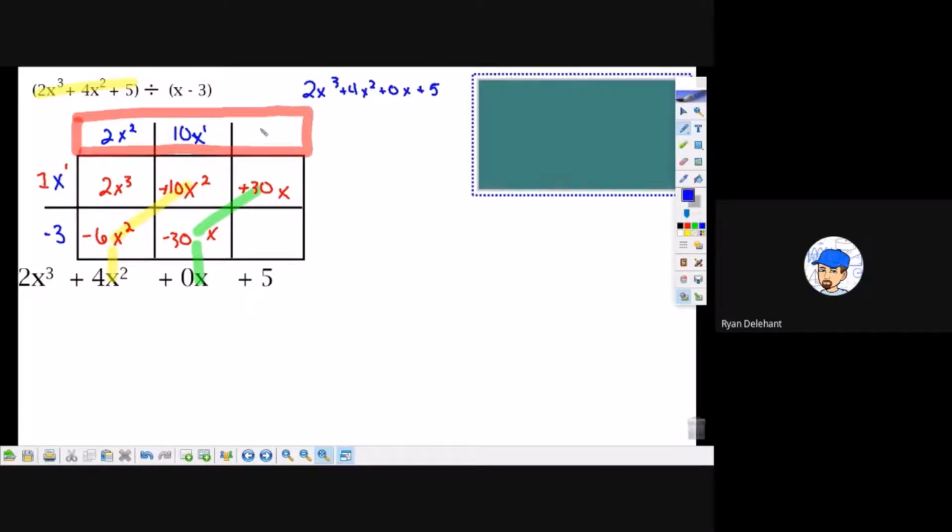And now we use that to find our top number. So 1 times something equals 30 makes this 30. And we don't need an x because this was x to the first already. And that's all we need. We have it on the left side. So now we can fill in the bottom. 30 times -3 is -90.